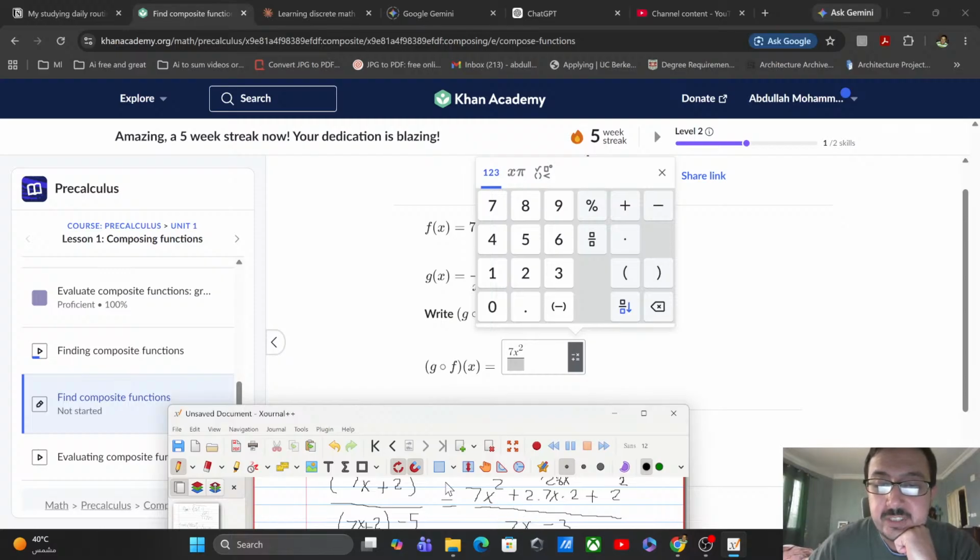There's a problem I'm facing. 4 of 7x is going to give me 28x, but I cannot get rid of the x here. So it's going to be 4x.